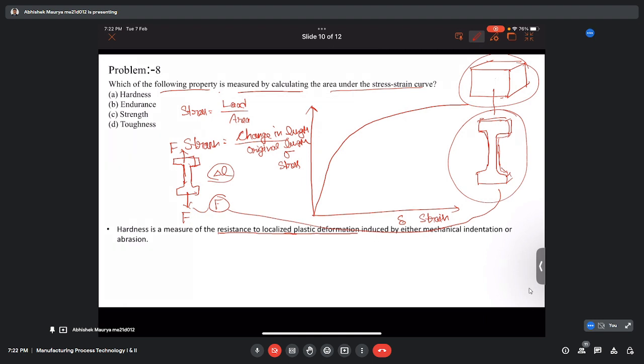Since we have made this sample, we know the cross sectional area. So the area we already know, as well as the initial length. Here we are considering only this length, which is called the gauge length.